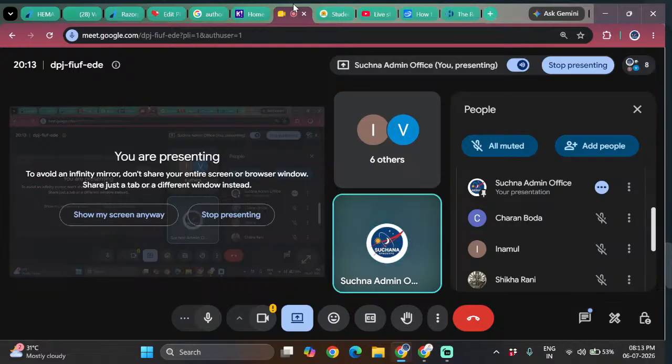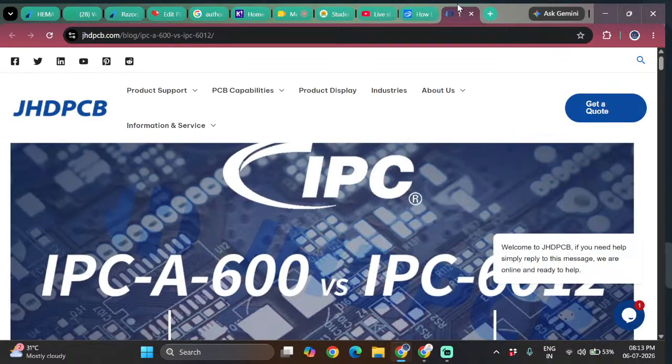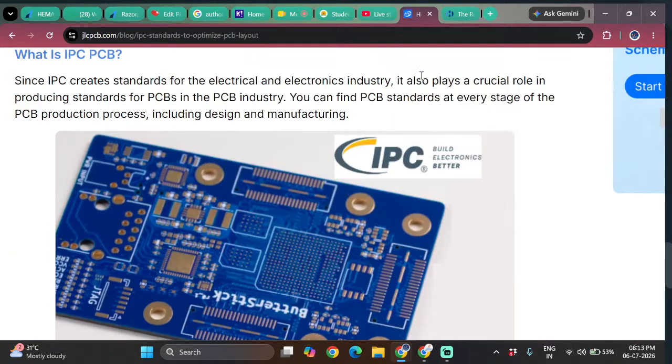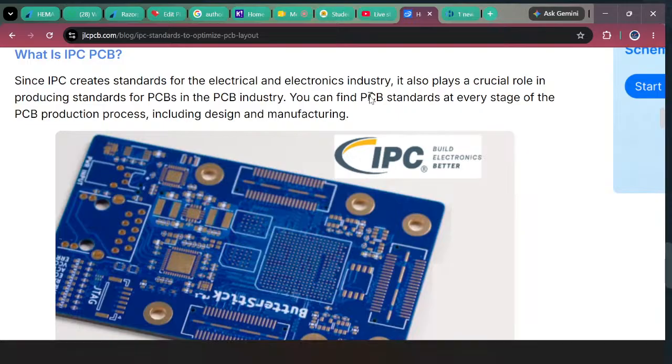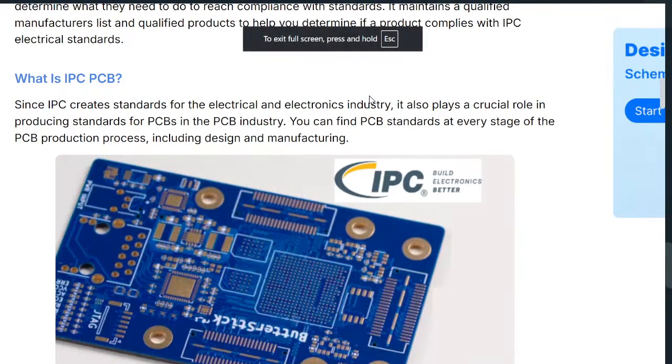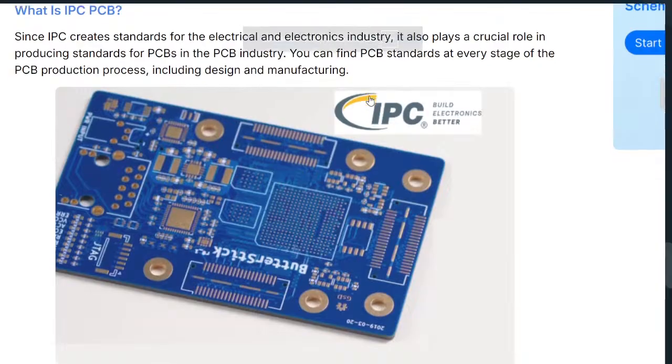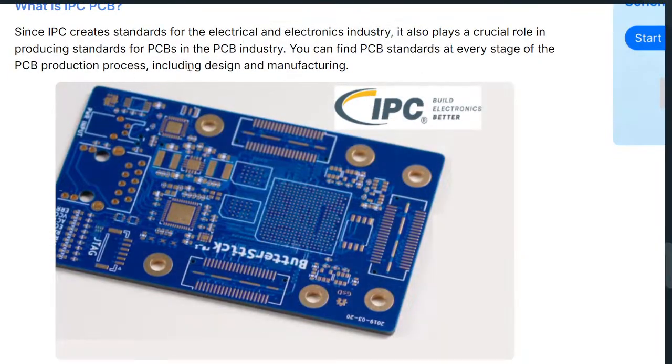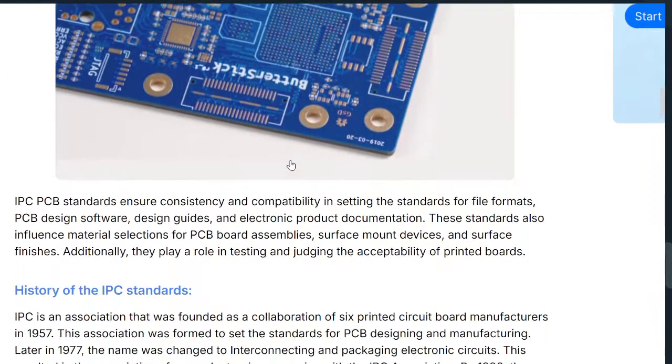We discussed many things, right? For every stage of PCB, there are many intermediary stages. At every stage, IPC has its own standard that needs to be followed. So from this you can understand PCB making is not only about drawing the schematic, doing routing, exporting into Gerber and placing the order. It's not only that. You need to follow the standards at every stage of the PCB production process, including design and manufacturing.